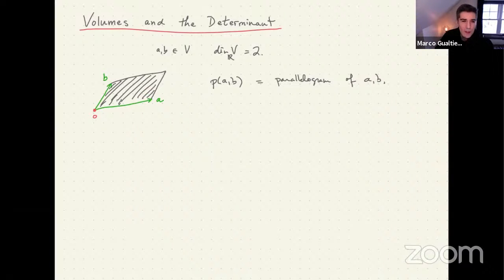Okay, so on the other hand, P(A, B) does not have a well-defined area or volume. Okay.